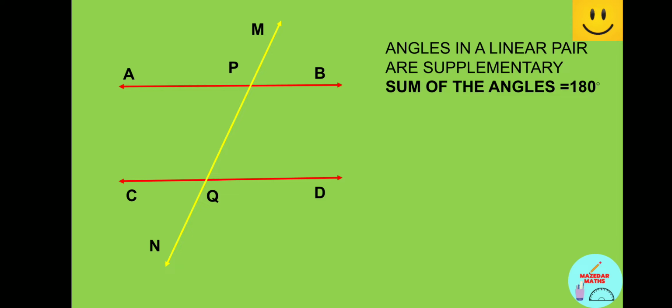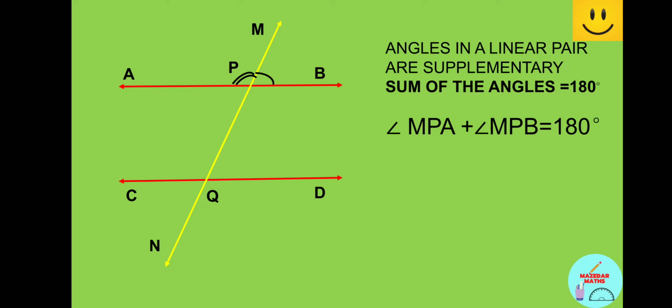And the last, but not the least, angles in a linear pair are supplementary. That is, the sum of the angles is 180. Now what is a linear pair? When two angles are joined together with a common ray and the adjacent, opposite sides form a line, then we call it a linear pair. Let's check out.